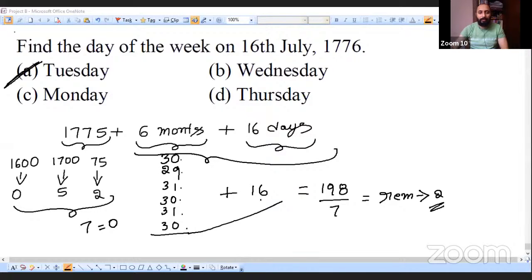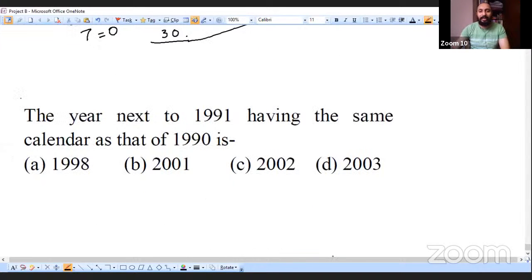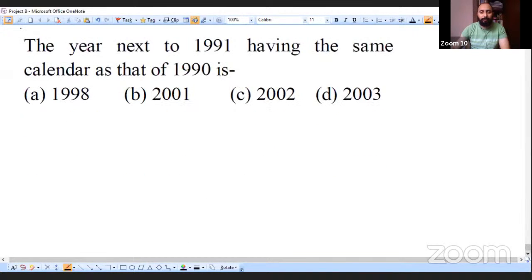Next question is a very simple question. The next year to 1991 having the same calendar as of 1990. What is the right answer?